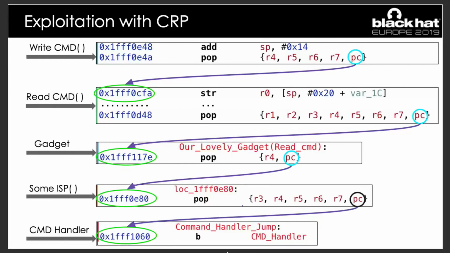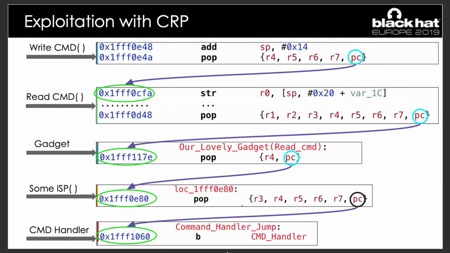And then from our gadget, we made it jump to some ISP function. And then the stack was set up so that the PC of this function will have an address that will eventually jump to the command handler.